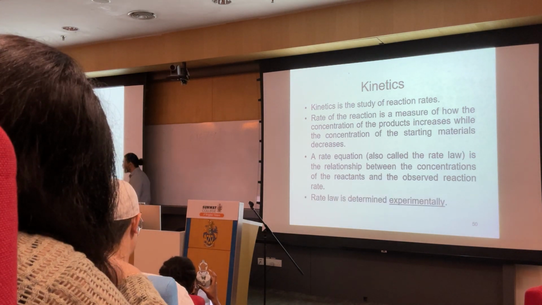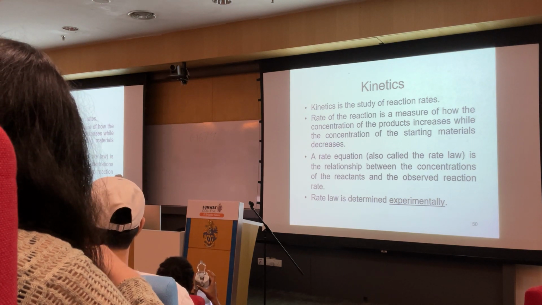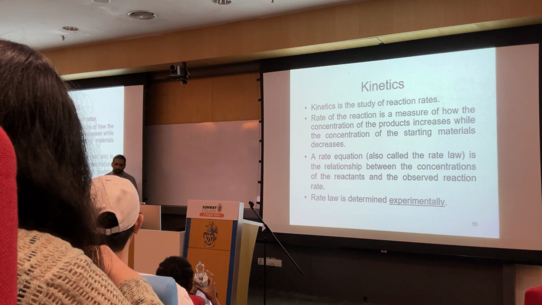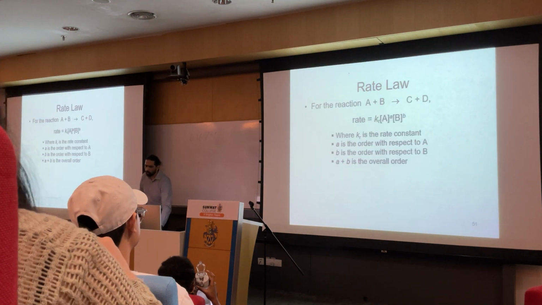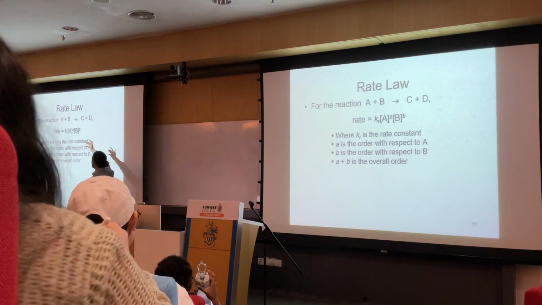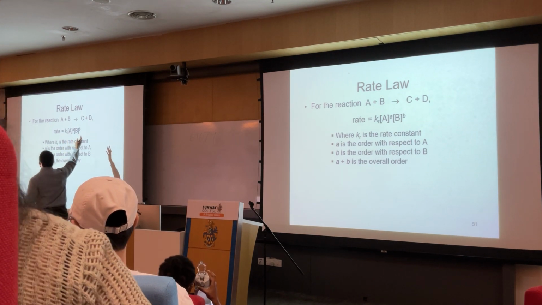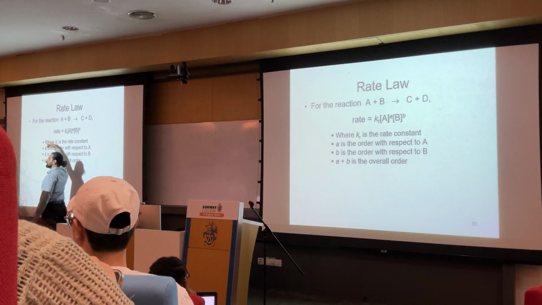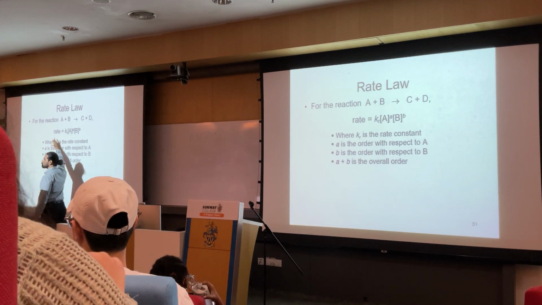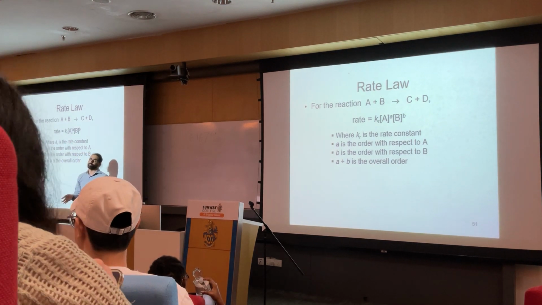So kinetics of the reaction is studied with rate law, and rate law is luckily determined experimentally. How we can write the equation of rate law: if a reaction is where A is reacting with B and being converted into C and D, then rate law dictates that the rate of reaction will be directly proportional to the concentration of your reactants only.